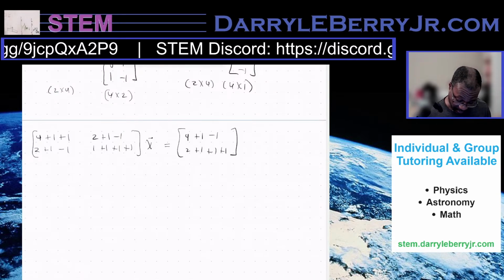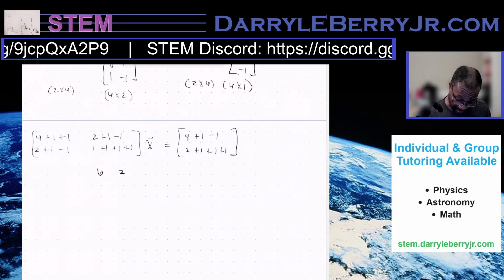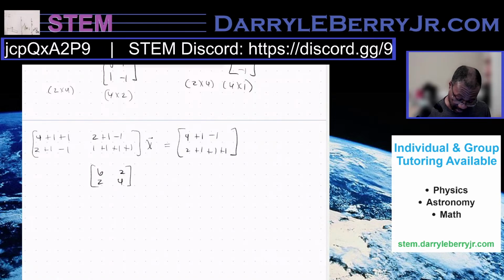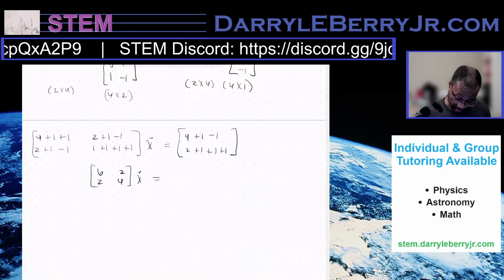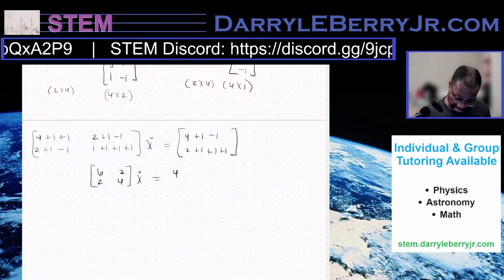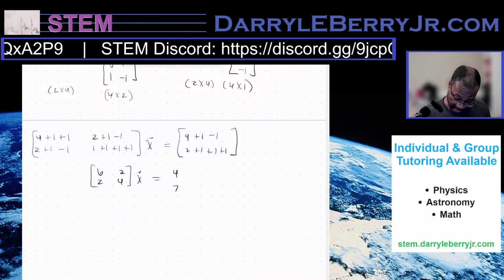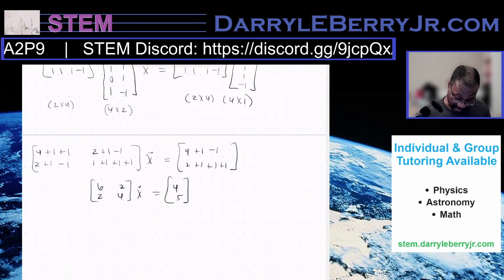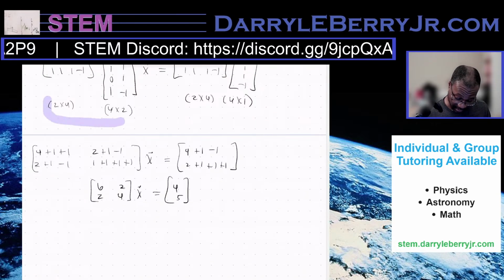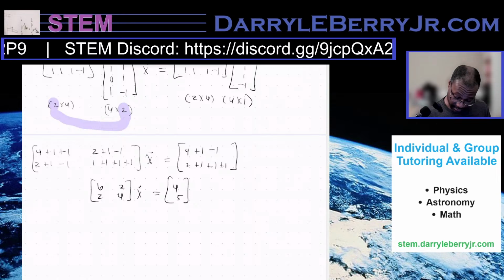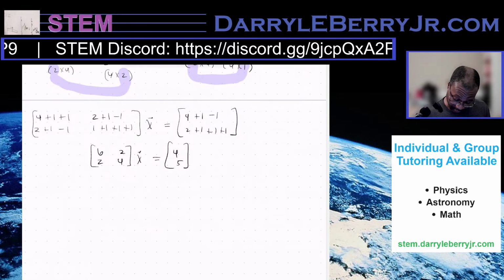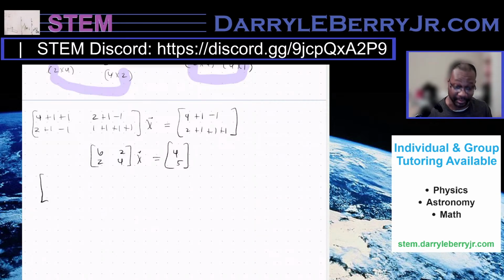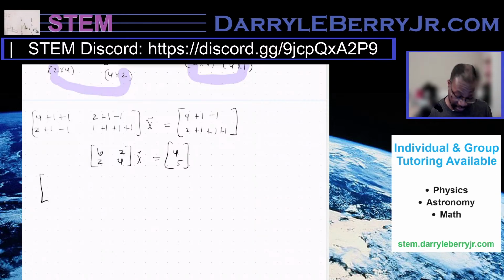So that's going to equal [6, 2, 2, 4] x equals [4, 5]. So as expected, this is a 2 by 2 and a 2 by 1. So now we should be able to solve this. Yep, looks like I'm in the right direction.